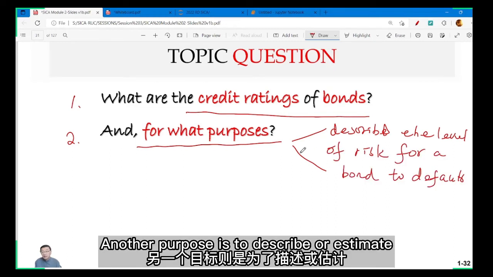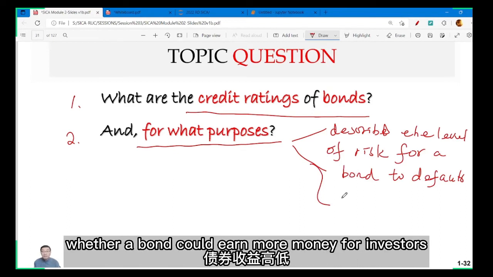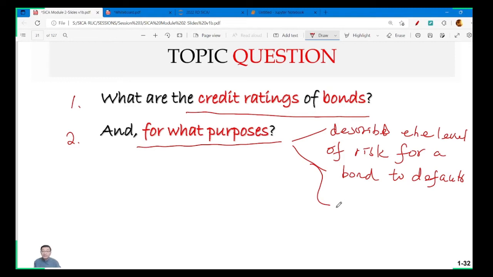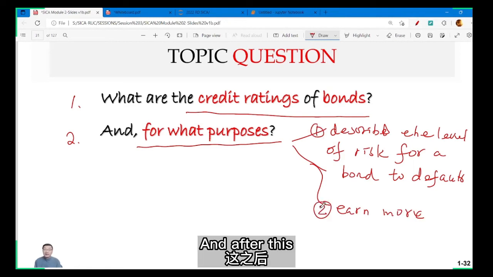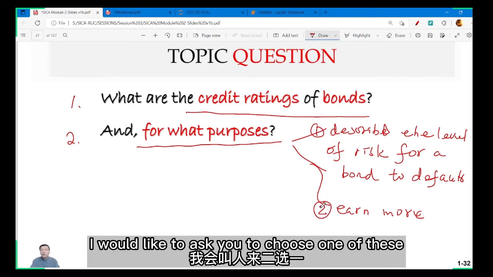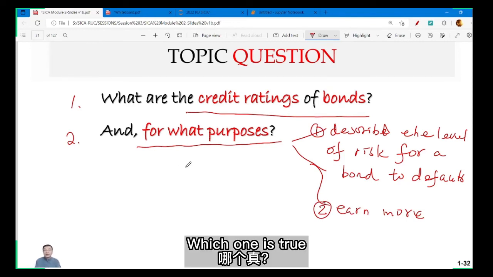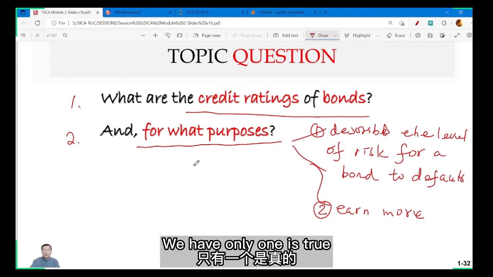Another purpose is to describe or estimate whether a bond could earn more money for investors. We have two options here, and I would like to ask you to choose one of these. Which one is correct? Which one is true? Only one is true.